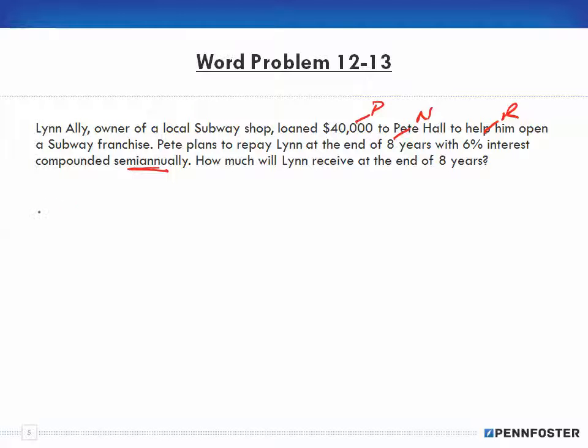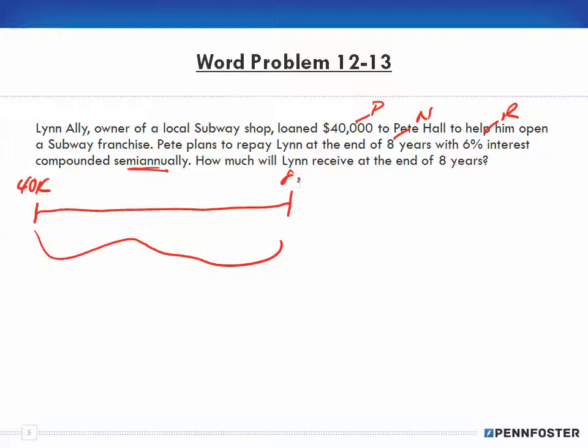So if we just quickly draw a timeline, this is what I envision in my head when I'm reading this problem. I'm starting out here at my present value of $40,000. And 8 years later, this entire time frame is 8 years, so this is the future. This is the present value.